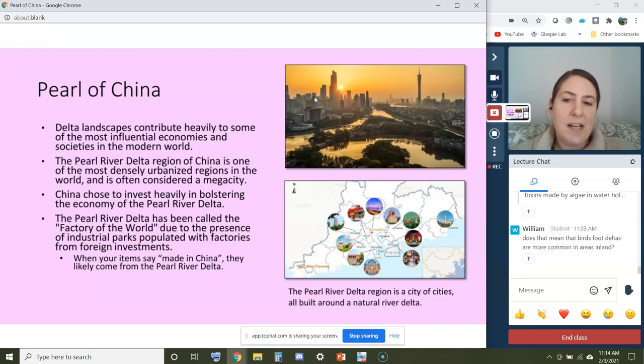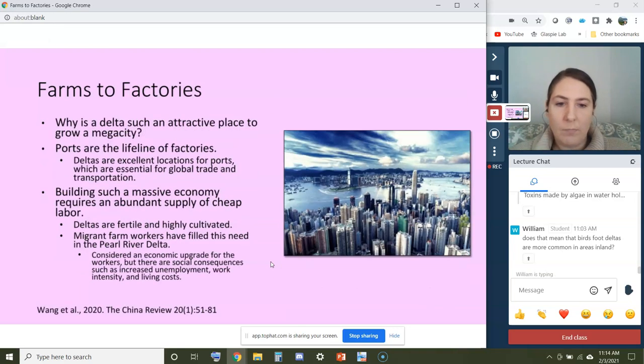The Pearl River Delta has been called the factory of the world due to the presence of industrial parks populated with factories. So when your items say that they're made in China, they're probably coming from this region. This region has really made a switch from rural farmland to a massive megacity full of industrial parks.